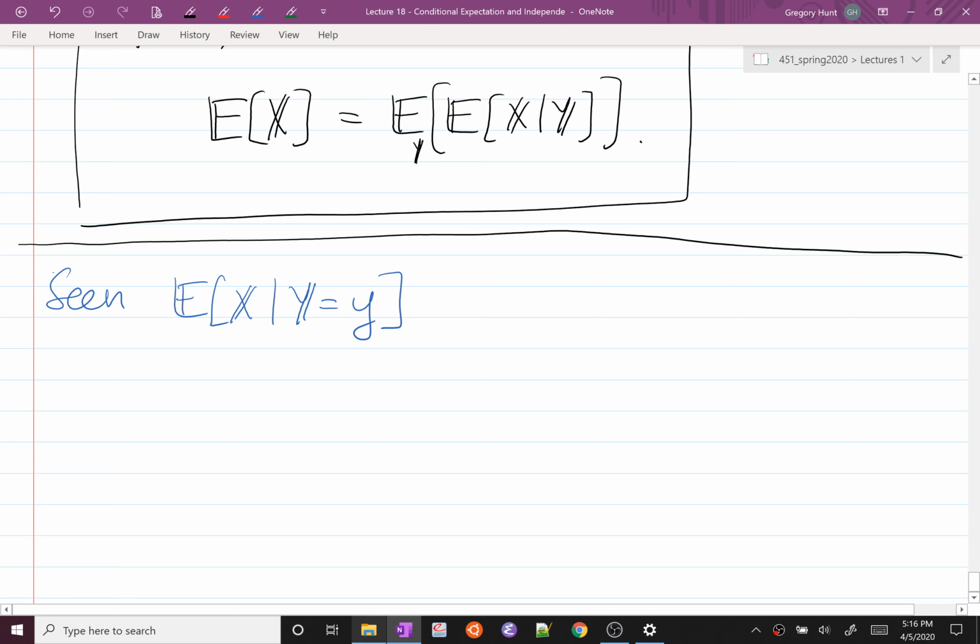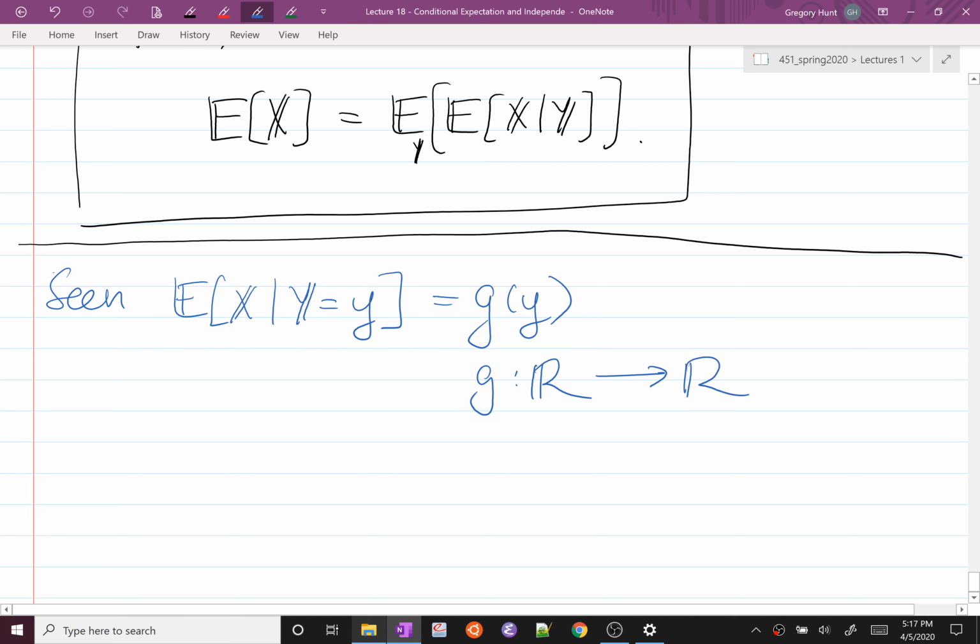You give me little y, I give you the expected value of X given little y. So g is a function that takes in y and spits out this expected value, which is just another number. It's a weird function that takes in y and spits out the expected value of X given the random variable Y is equal to that little value.